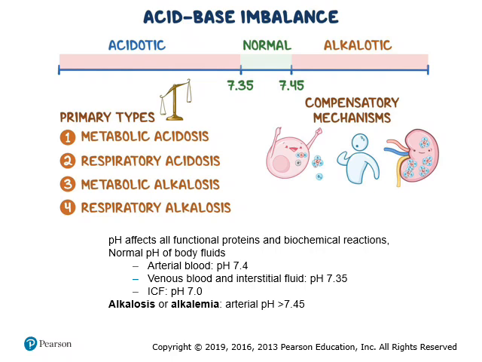So, the word alkalosis or alkalemia means that the arterial pH has gone up to something higher than the normal, higher than 7.45. Lower than that, our blood is in acidosis. Acidosis or acidemia is where the pH of the blood is lower than 7.35.